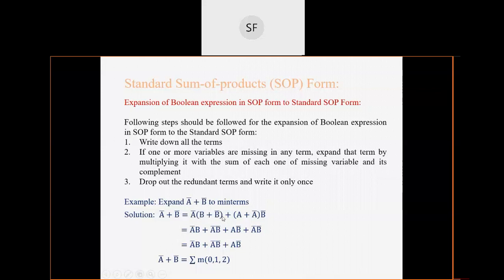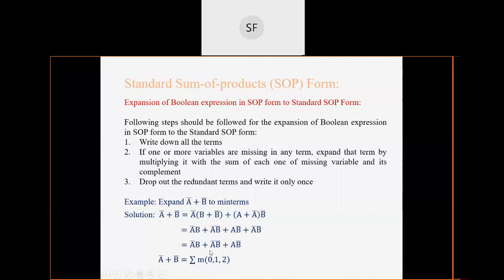So we have put this bracket. Then the next step is the multiplication: A bar B plus A bar B bar. Similarly, A B bar plus A bar B bar. Then we find that A bar B bar and A bar B bar are redundant terms, occurring 2 times. Hence you write it only once and eliminate the next term.